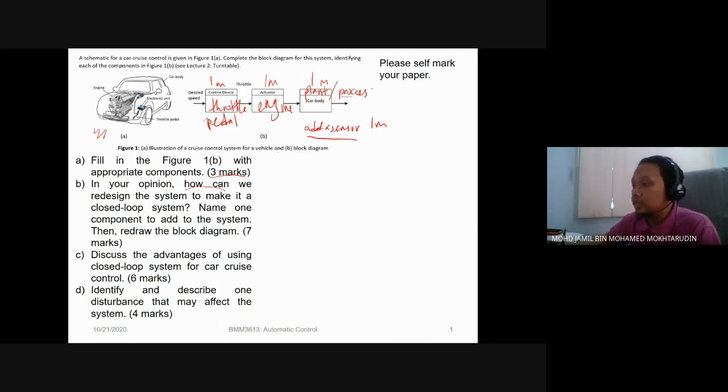So to redesign the system to make it a closed loop, you need to add a sensor. And then name one component, meaning name the sensor to add to the system. You can add any sensor that measures the speed. So you can add a tachometer. If you have the word tachometer, 1 mark.